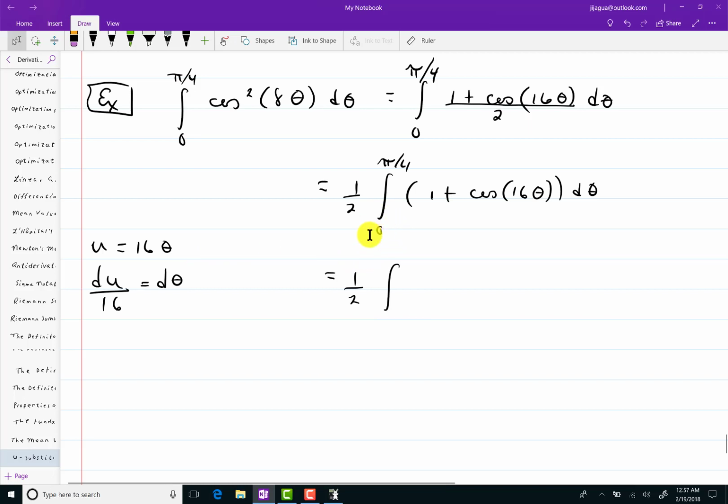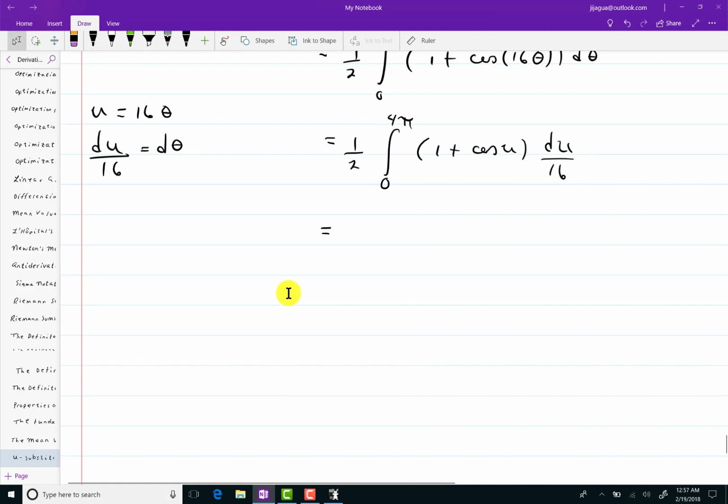Now let's throw our numbers in. If I have 0 for theta, well, 16 times 0 is still 0. If I replace theta with pi over 4, 16 times pi over 4 is 4 pi. And then I'll have 1 plus cosine of u times du over 16. Let me take that 16 out front.